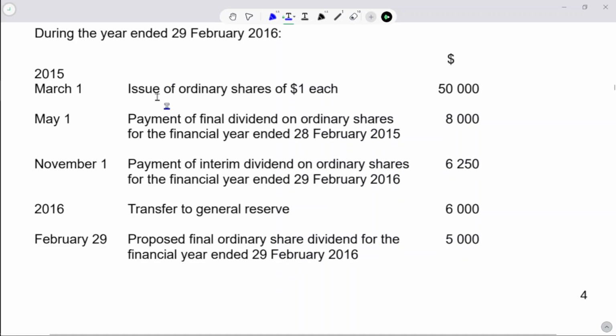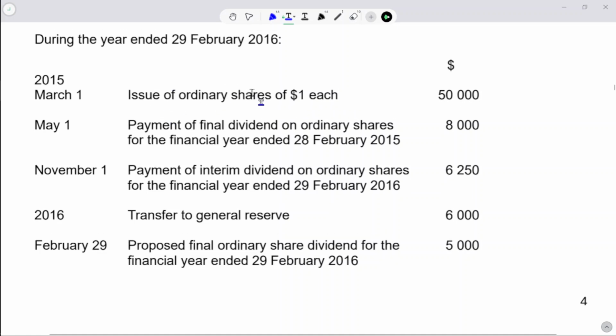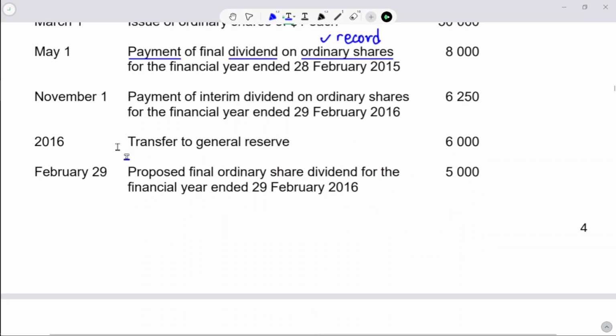He said issue of ordinary shares, which we record later. Then the ordinary shares dividend paid, so I need to record this.